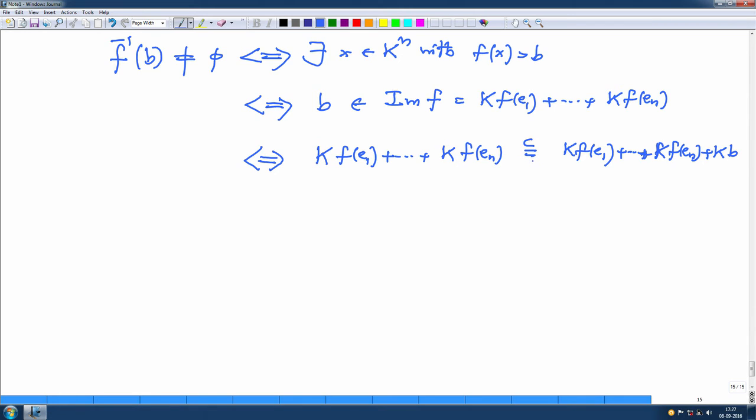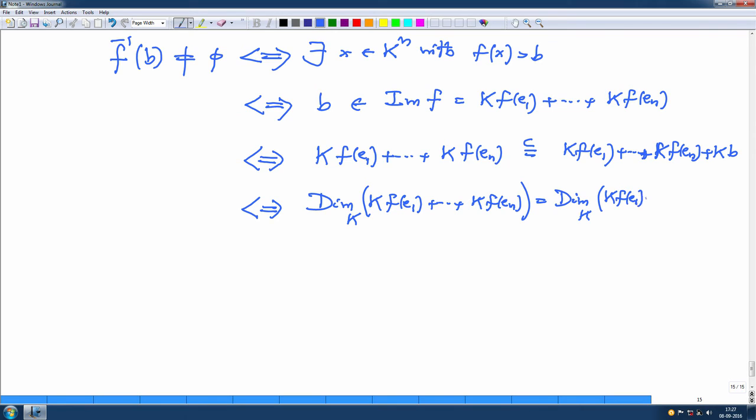But how do you check this? That is equivalent to saying their dimensions are equal. So the dimension of the subspace k f e1 plus ... plus k f en equals the dimension of the subspace generated by f e1, ..., f en and b. So this is very good. You just have to check that the dimensions are equal.